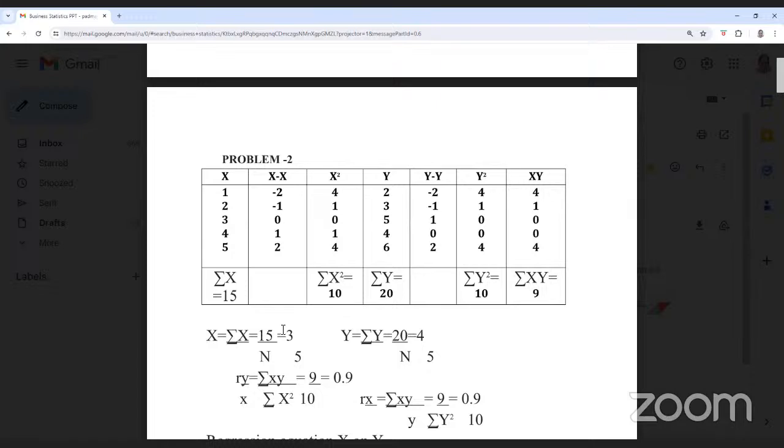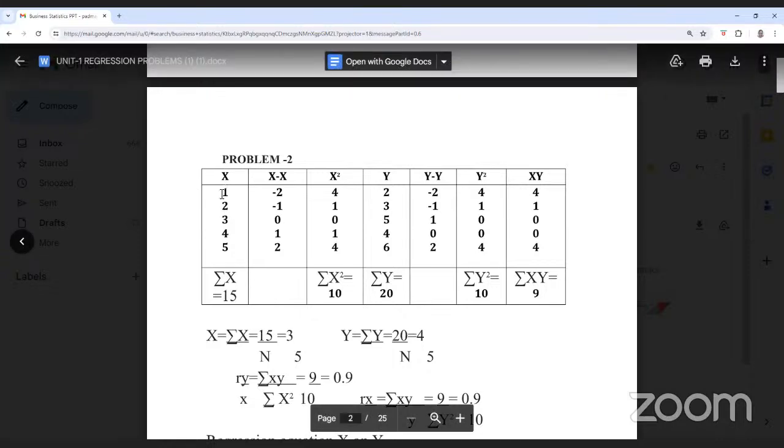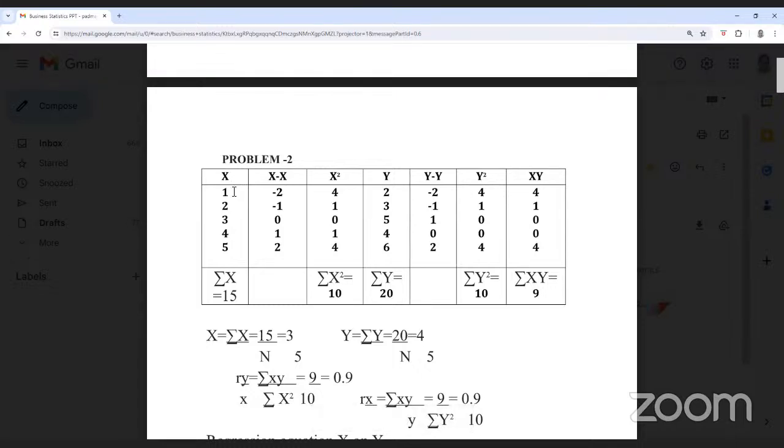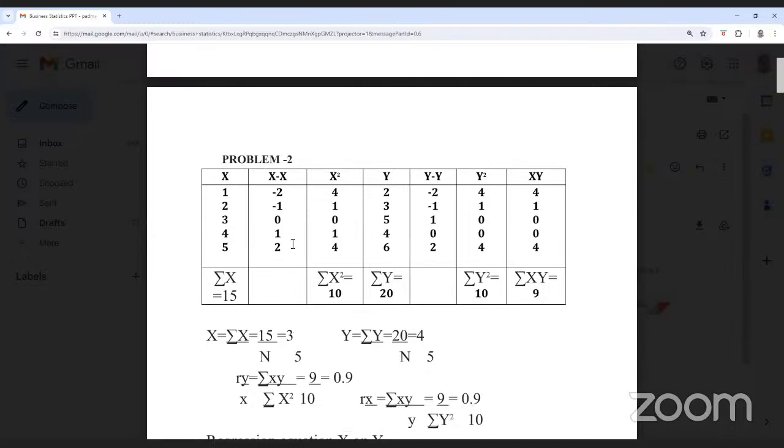Then we have the value 3. Now x minus x mean: 1 minus 3 is minus 2, 2 minus 3 is minus 1, 3 minus 3 is 0, 4 minus 3 is 1, 5 minus 3 is 2.